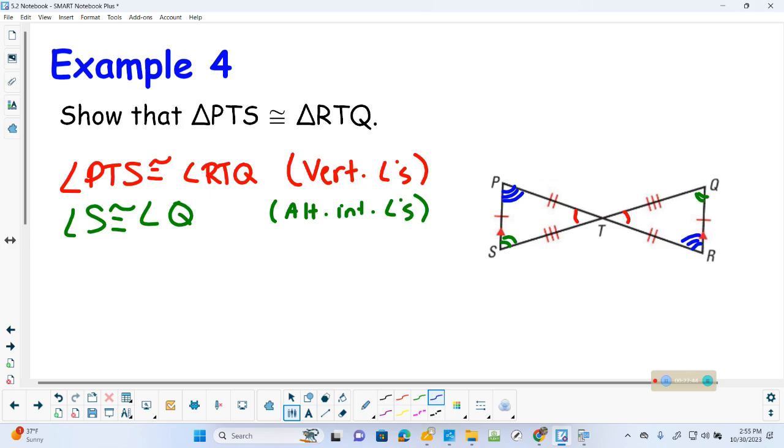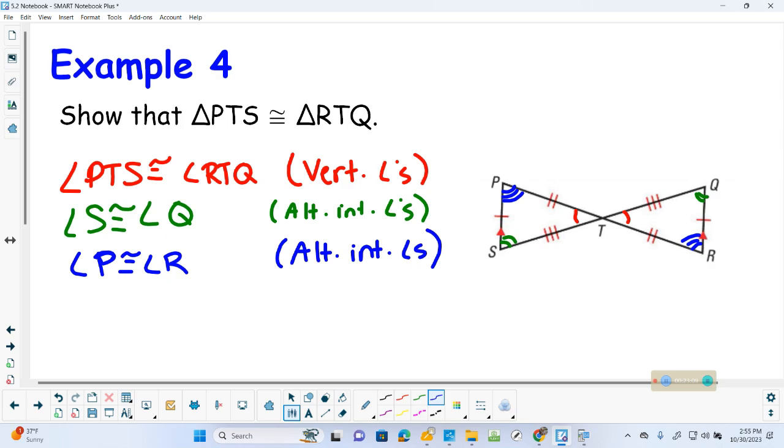Why? Same exact reason. P is congruent to R, alternate interior. All right, any questions on that one? That wasn't as bad as we thought it was going to be.